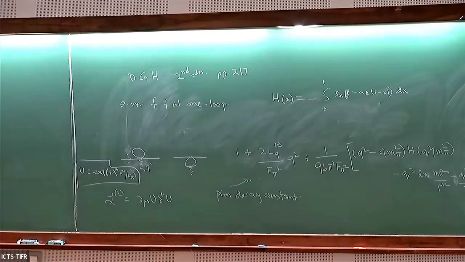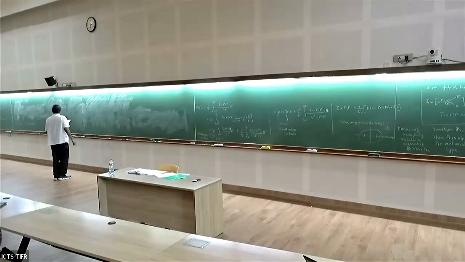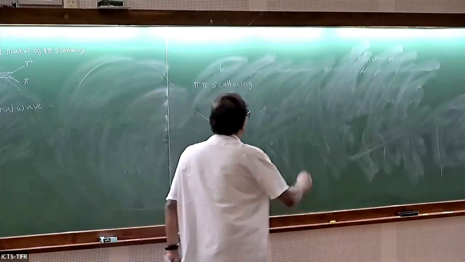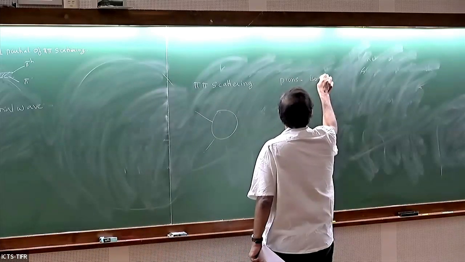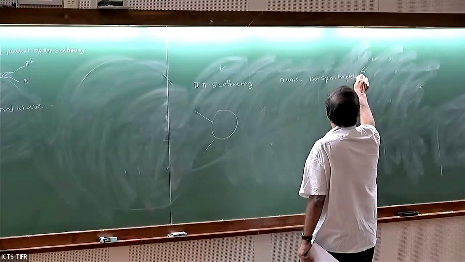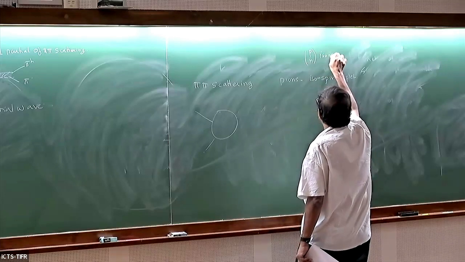Okay, so now this brings me to pi-pi scattering, and I will introduce simple examples so that we don't get blown away by this. This is the scattering of two pions, and as you know, pions lie in an isospin triplet, in contrast to the proton and neutron, which lie in an isospin doublet.